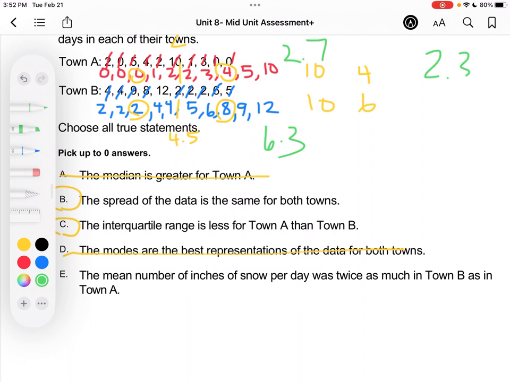I would say that it is E because it's so close.